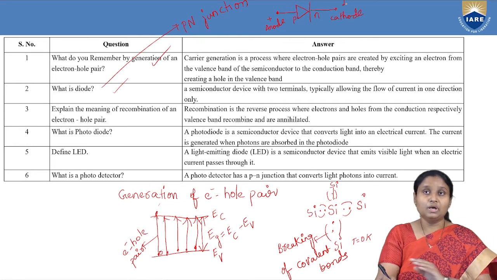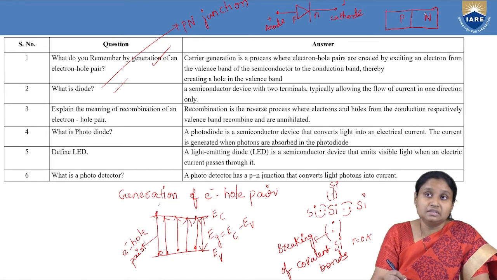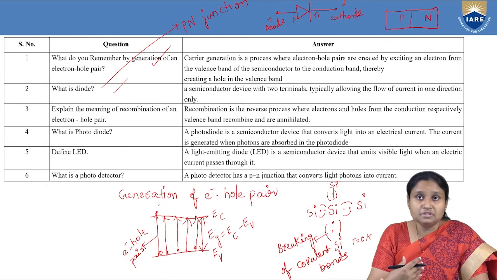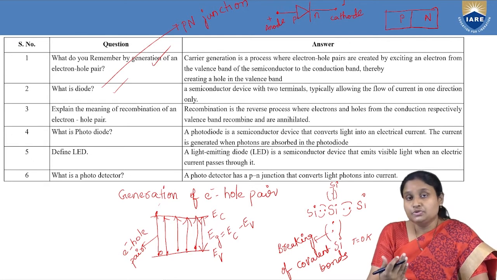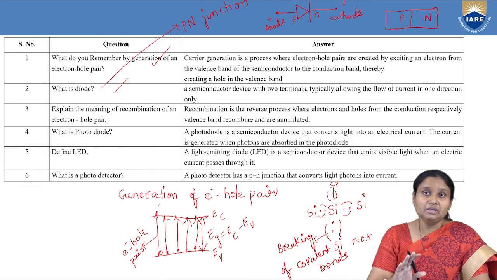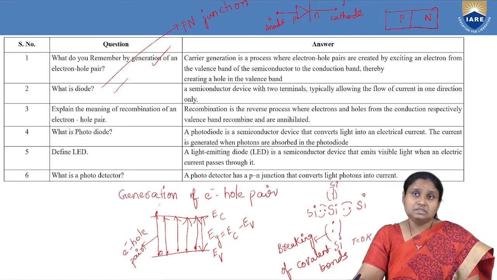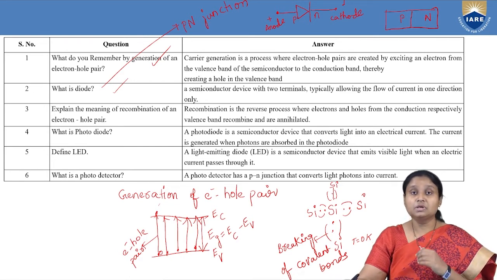So when we talk about a diode, a diode is nothing but a combination of P type and N type semiconductors. Of course, when a diode is formed there will be diffusion of charge carriers, which we will discuss in the next definitions. But for the time being, when someone asks what a diode is, it is a PN junction where we combine P type and N type semiconductors together.